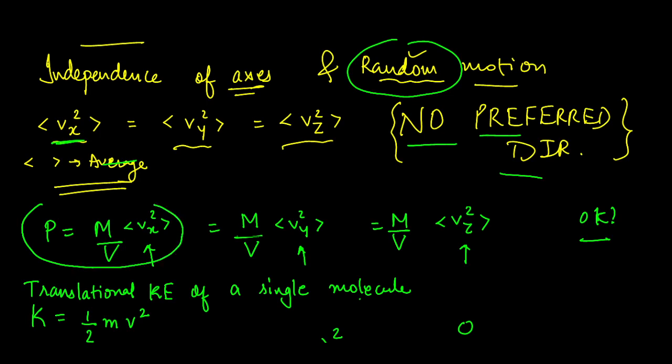Do you see this, everyone? That's what we are going to use. Okay, so average of vx square. The new things I'm writing in red. The average of vx square is nothing but pressure into volume divided by mass of gas. Okay, this is clear to you?